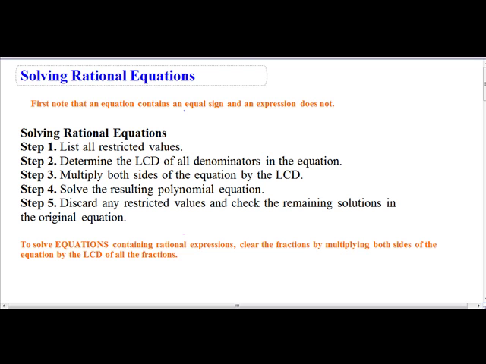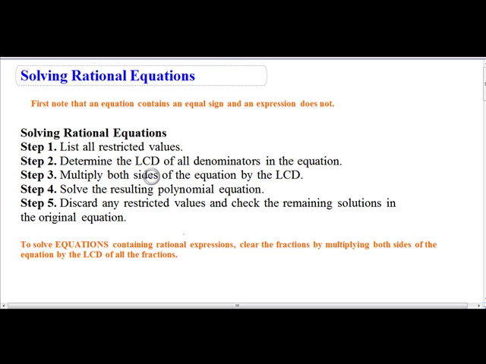To solve a rational equation, we're going to follow these 5 steps. First step is to list all restricted values. Step 2, determine the LCD of all denominators in the equation.